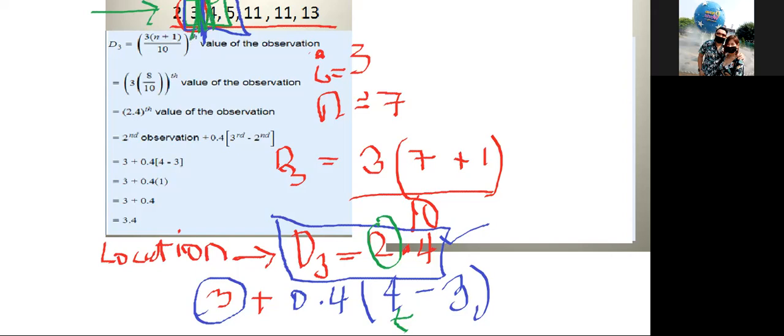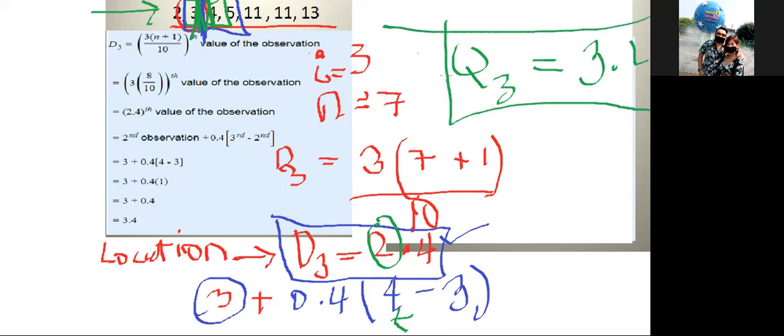So it is 4 minus 3. So basically you'll end up having the third quartile as 3.4. So this is our final answer.